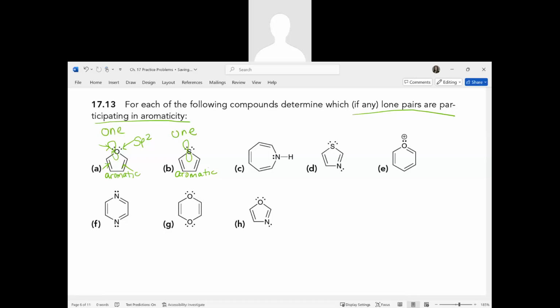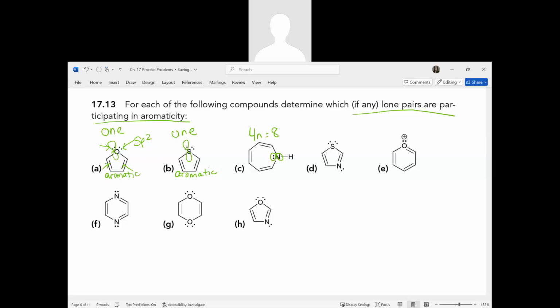Let's take a look at compound C next. If a lone pair were to occupy a p orbital, then we would have a continuous system of those overlapping p orbitals, right? So if that lone pair were in a p orbital, we would have 4n pi electrons, right? We have 8 total here. So that's not a Huckel's number.